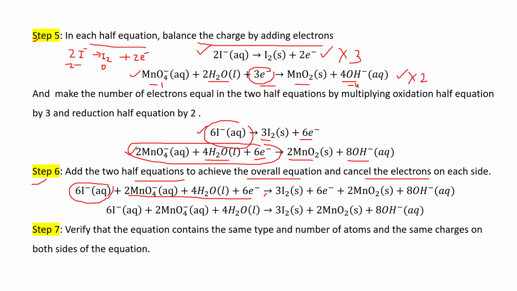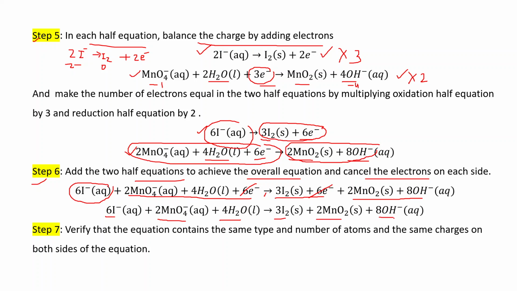Now arrow mark, then put the products of both the equations together. In the oxidation half reaction, these are the products. And these are the products of the reduction half equation. Now whatever is common on both sides, cancel them. So this 6 electrons is cancelled by this 6 electrons. So the net equation is 6I minus plus 2MnO4 minus plus 4H2O converting into 3I2 plus 2MnO2 plus 8OH minus ion.